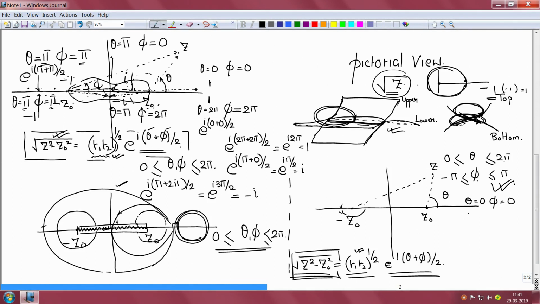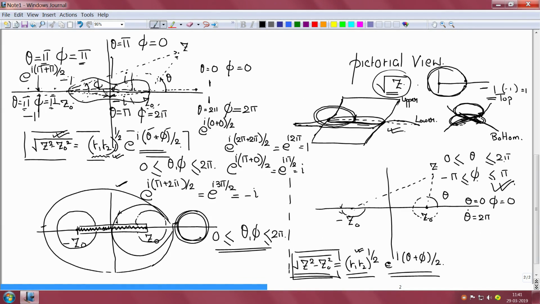What is below? Just below here, theta now has to go full round, so theta is 2 pi. But phi is still 0.